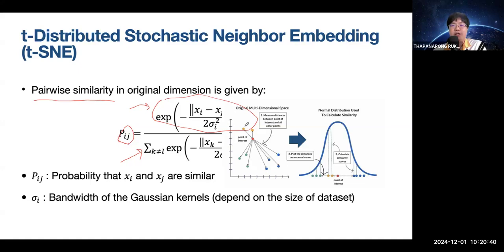If the data is close in the high dimension, when you map onto the lower space, you want it to be close to each other.